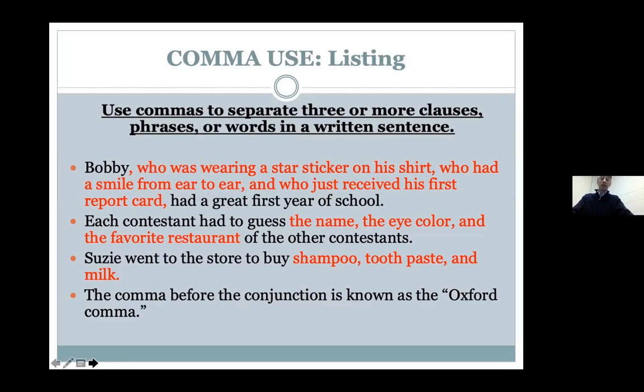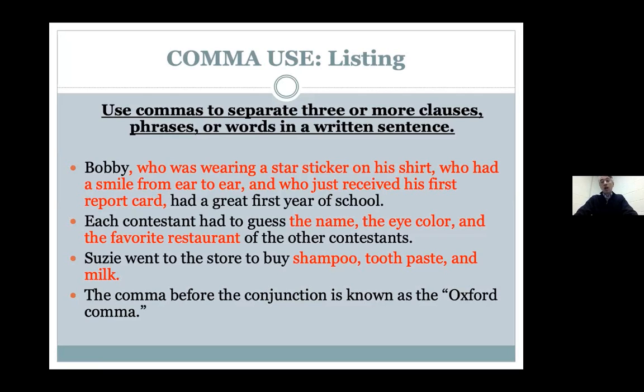Sometimes we have a phrase, to guess the name, the eye color, and the favorite restaurant of the other contestants. Or sometimes you could have complete clauses. That means they could be treated as a sentence in themselves. Bobby, who is wearing a star sticker on his shirt, who had a smile from ear to ear, and who just received his first report card, had a great first year of school. Isn't that nice?